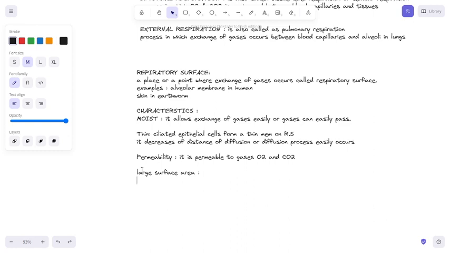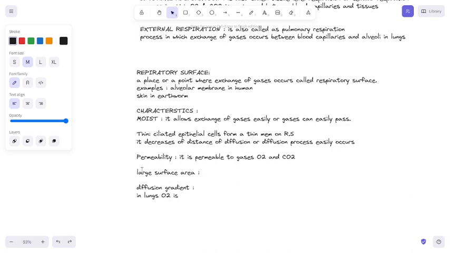One more thing: the diffusion gradient. If we talk about the diffusion gradient, we know that in the alveoli, in the lungs, the concentration of oxygen is high.